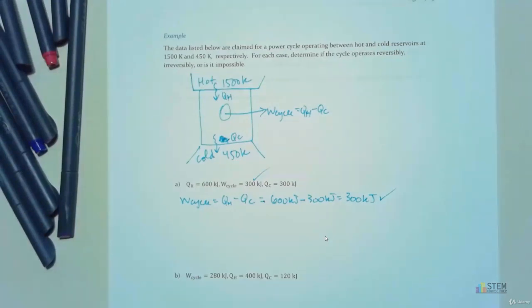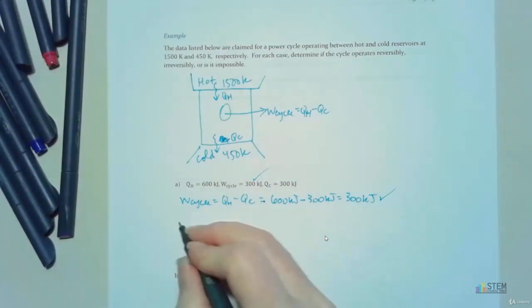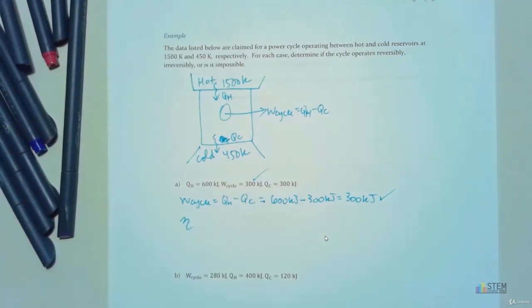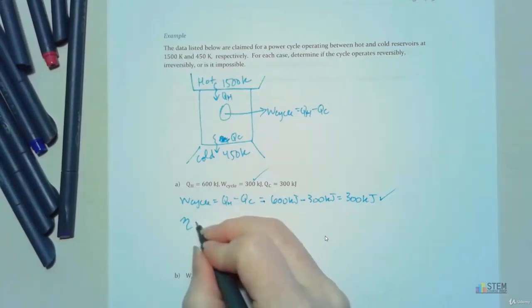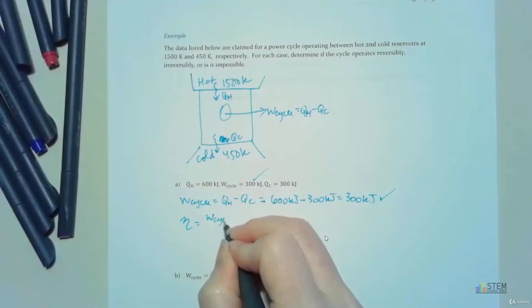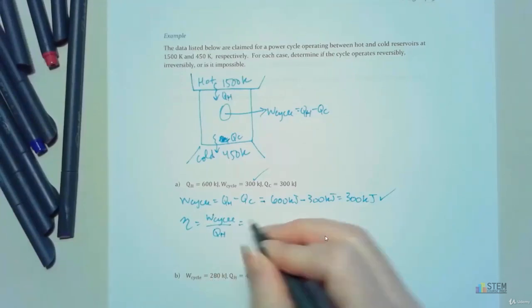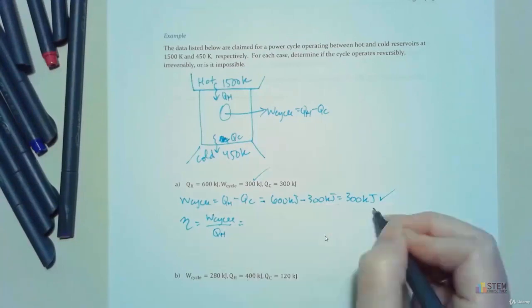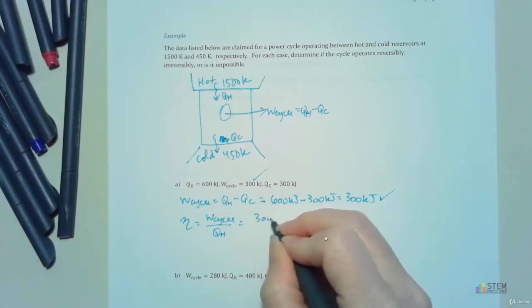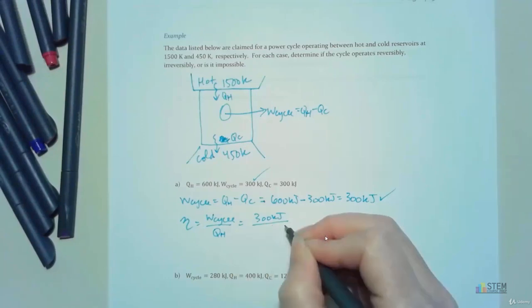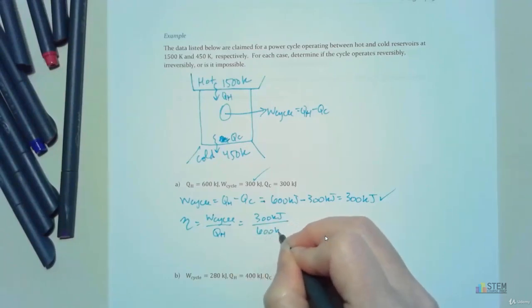Next, let's look at our eta, our efficiency here. Remember, the equation was work of the cycle over QH. Plug in our numbers. We already said work was 300. And then QH was 600.